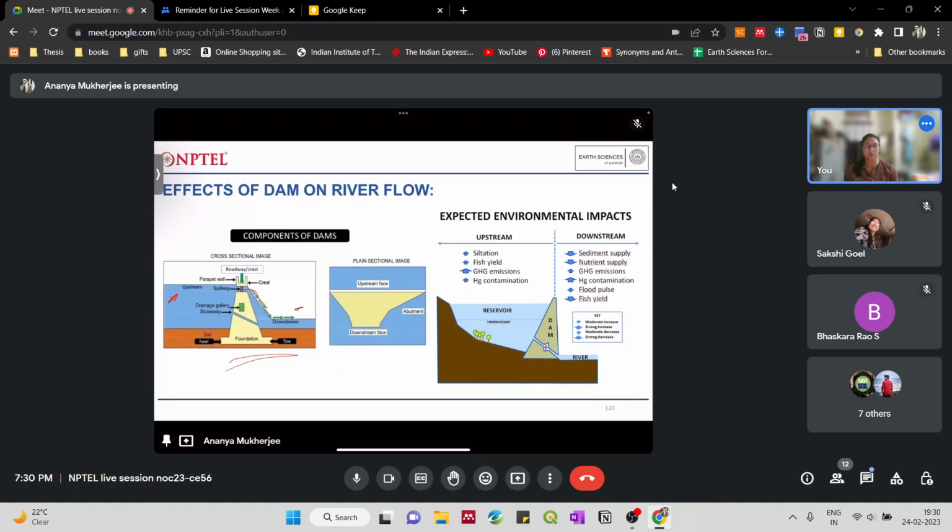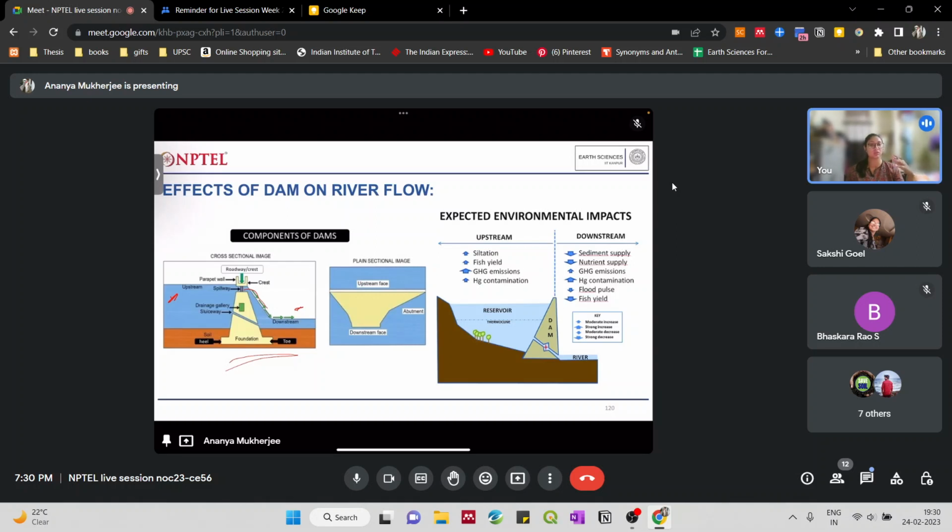But there are some environmental impacts of these dams. Dam failures can cause flooding. Also, if a large amount of water is released from the dam, the sudden increase in the quantity of water flowing downstream will cause flooding in the neighboring riverbank area.